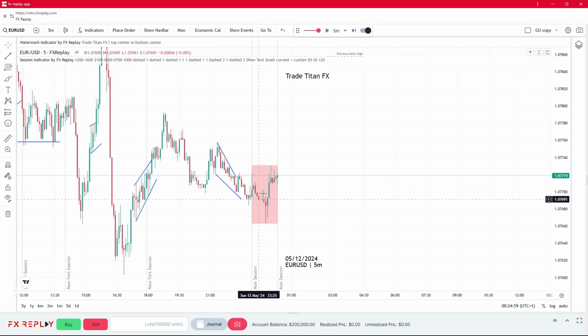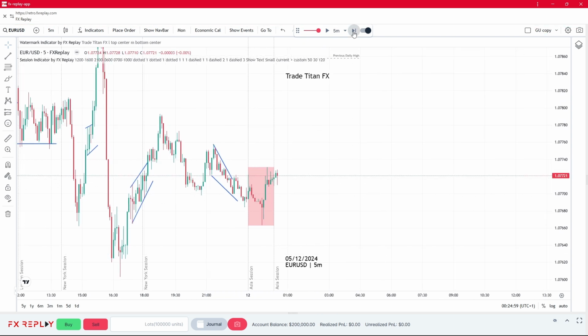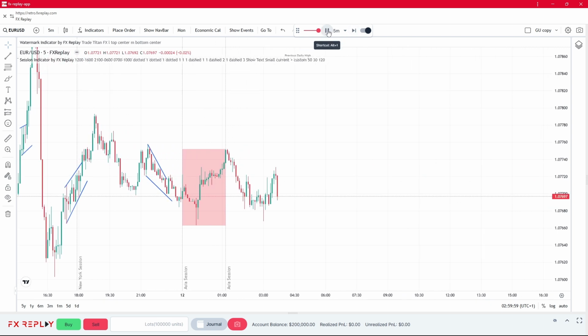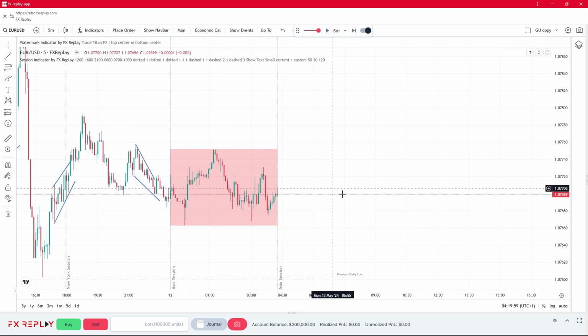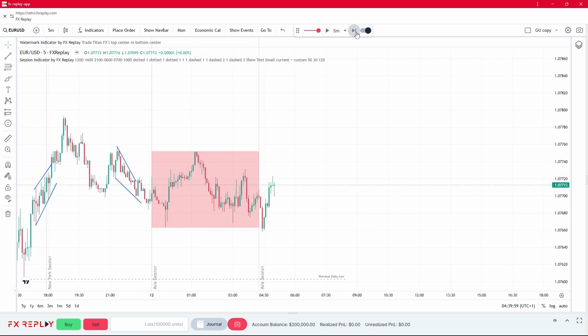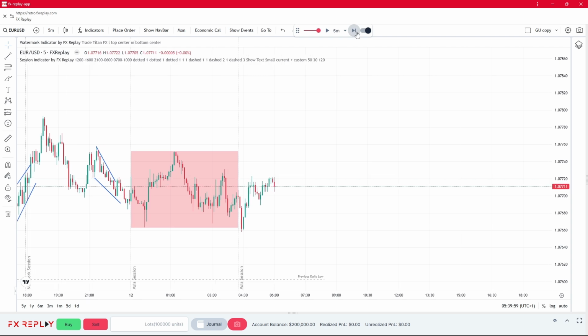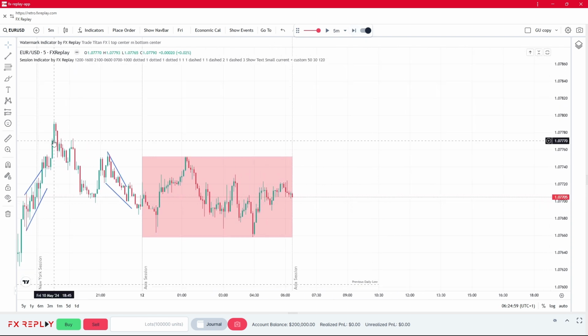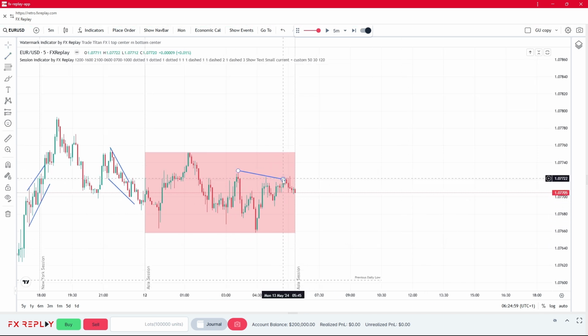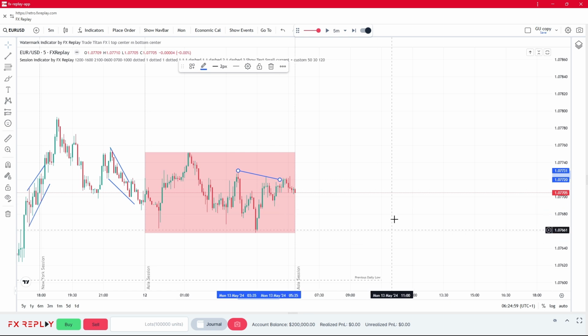Okay, we want to induce the high to go lower. Now let's see what Asia does, so I understand Asia a little more. It's nothing too clean. Okay, we are actually building some kind of channel here now. It's like a little trend line inducement. Probably see this going a little lower.